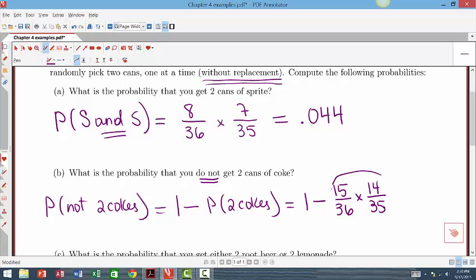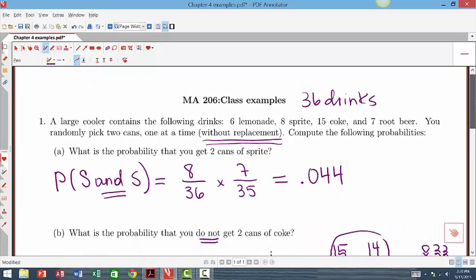This number represents the probability of getting 2 Cokes. Once you compute this, you should get 0.833. Okay, so that's how we do this.